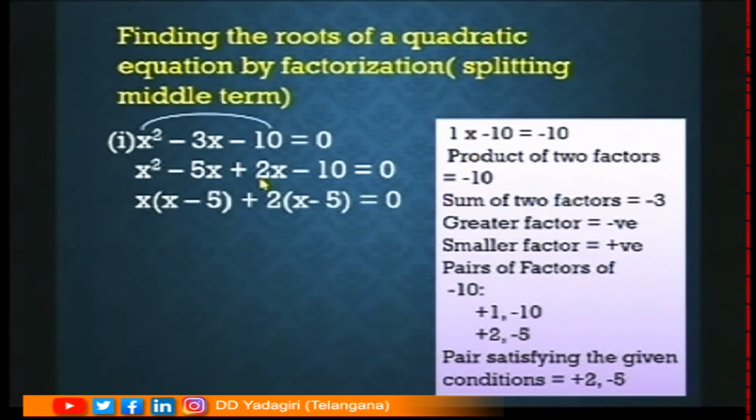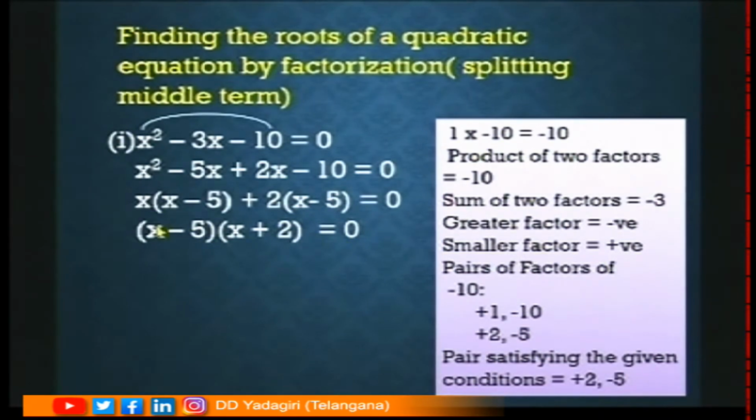Similarly, I take 2 as common in the remaining two terms. 2 into x gives me 2x and 2 into minus 5 gives me minus 10. So, we observe x minus 5 is common in both the terms. If I take x minus 5 as common, I am left with x plus 2. So, x minus 5 into x plus 2 is equal to 0.